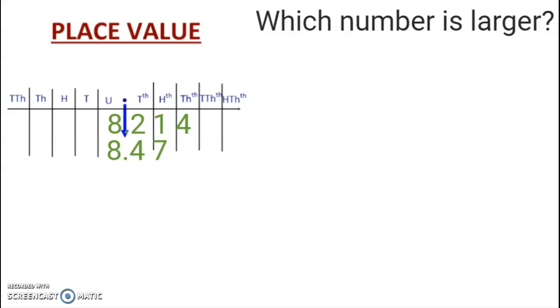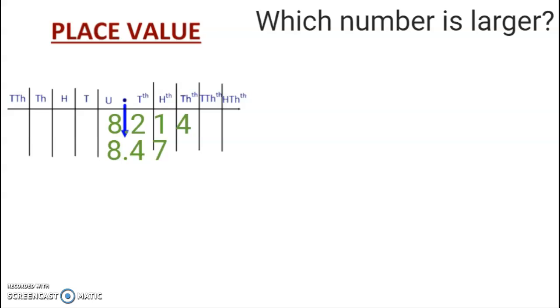I need to make these two numbers the same length, and the second number is a bit short. So thinking back to our last few lessons, what do I do in a place value chart if I have an empty space? Yes, I need a place value holder.